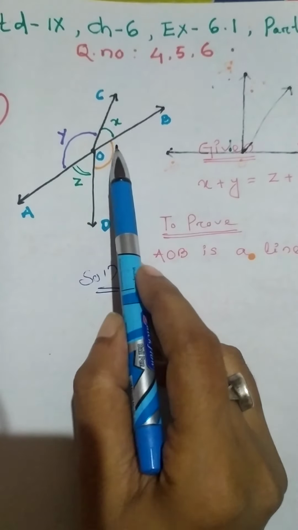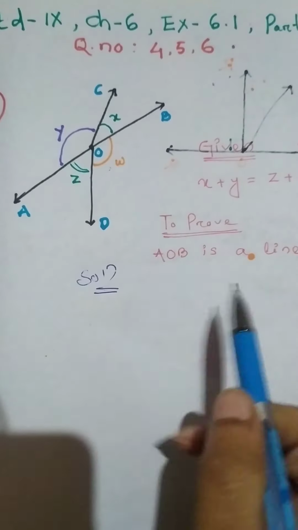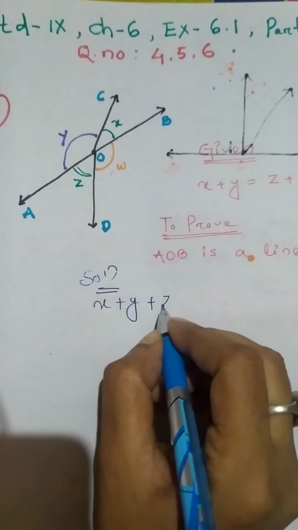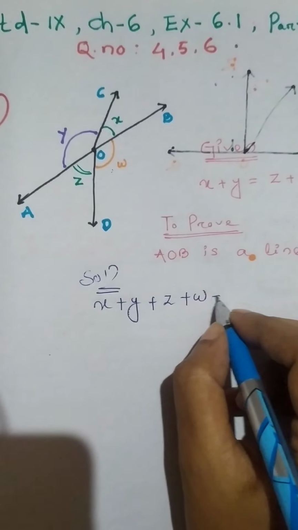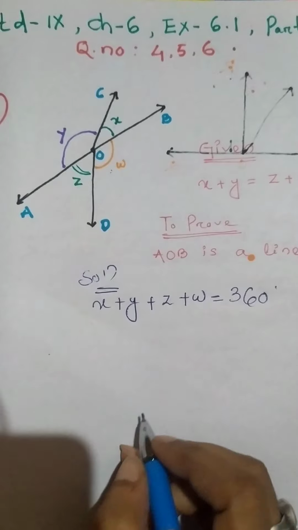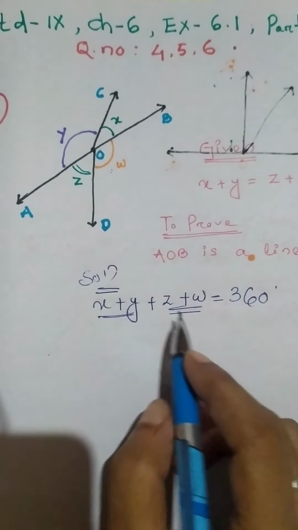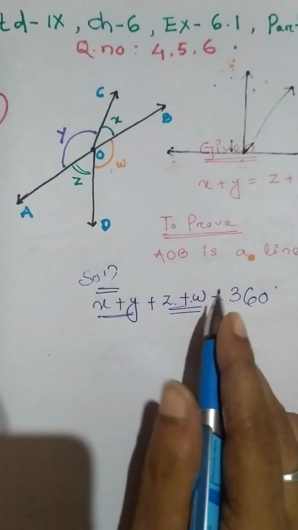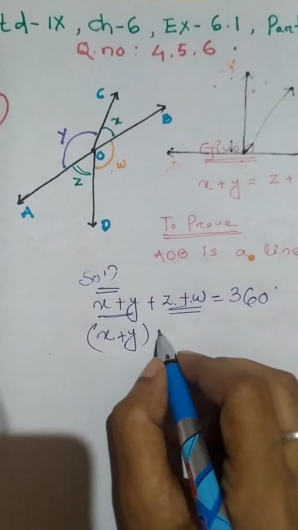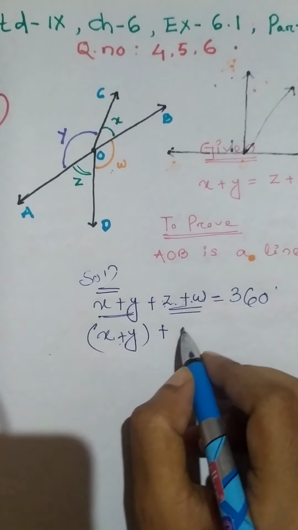As we know that all the angle sum must be equals to 360 degree, so we can write x plus y plus z plus w is equals to 360 degree. But it is given that x plus y is equals to z plus w. So we can replace z plus w by x plus y. So write it here, x plus y remains constant. Z plus w, in place of z plus w we may write x plus y.